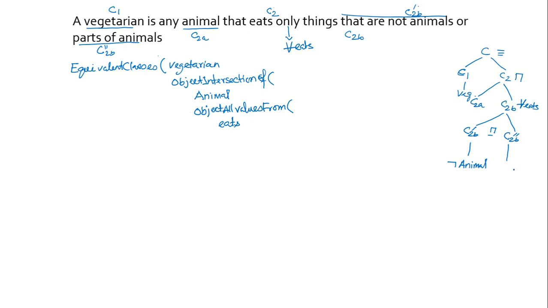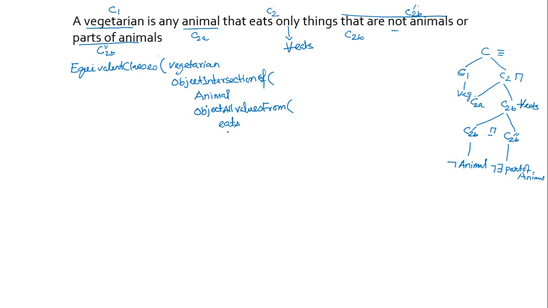So in that sense we will represent that as there exists part of animal, and we put a negation before it, because we have a not here: not animals, not parts of animals.